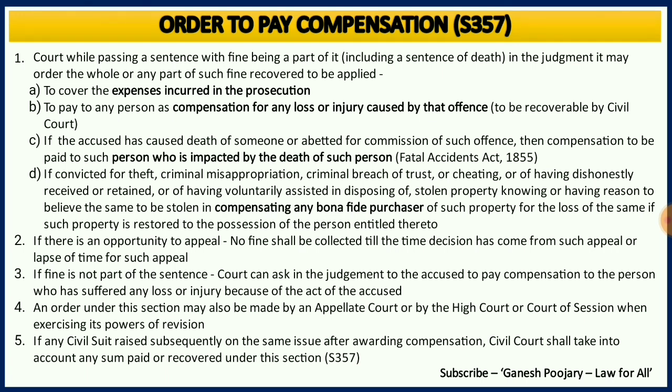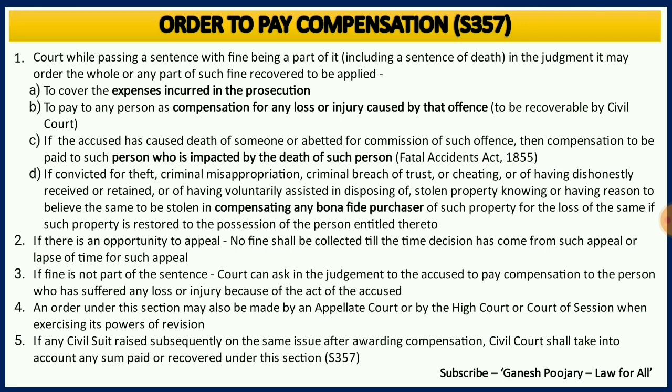Subclause 4 discusses who can make the order. The order can be made by the appellate court, high court or the court of session. Any of these courts can make the order. And the 5th one is again very interesting. If a civil suit is raised subsequently on the same issue after awarding compensation, what happens?